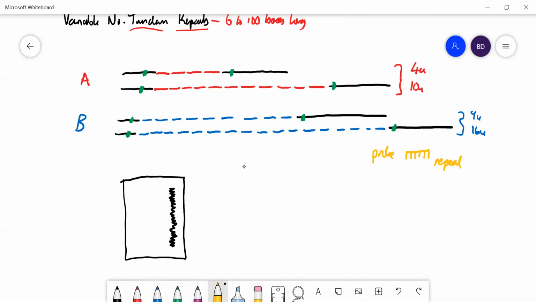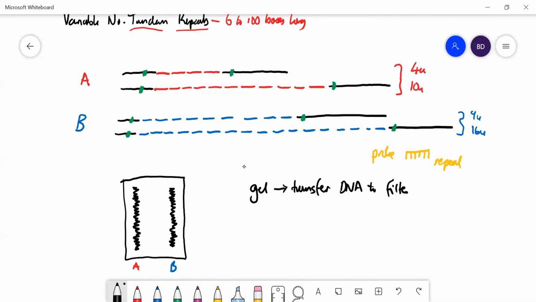So here's your gel. Let's say that's person A, that's person B. So you run your gel and you get a smear. Of course, you then transfer this to a nitrocellulose filter, a piece of filter material.